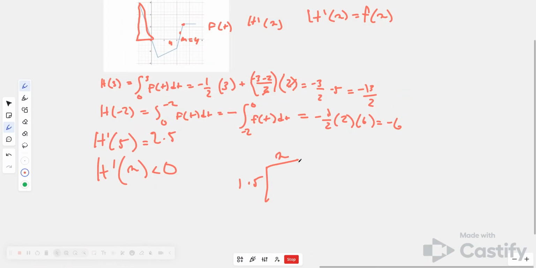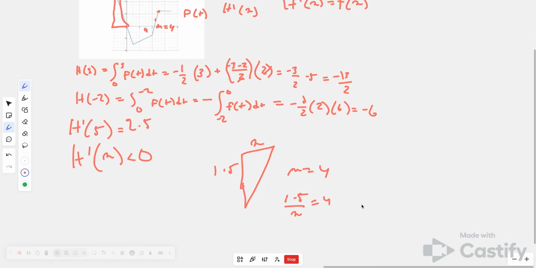This is what we're trying to find. So we know the slope is equal to 4. So 1.5 rise over run is equal to 4. And then if we rearrange, we get 1.5 over 4 is equal to x, which is equal to 0.375. So that's what this value is going to be.